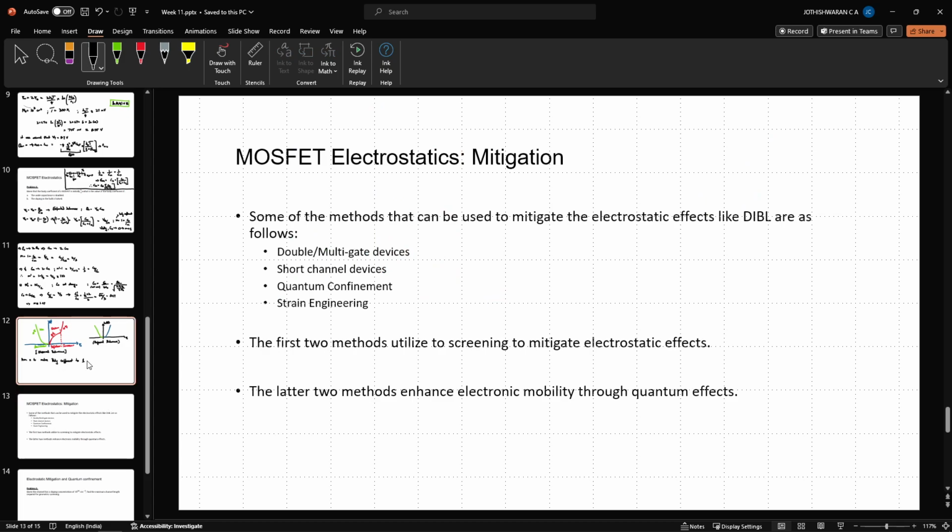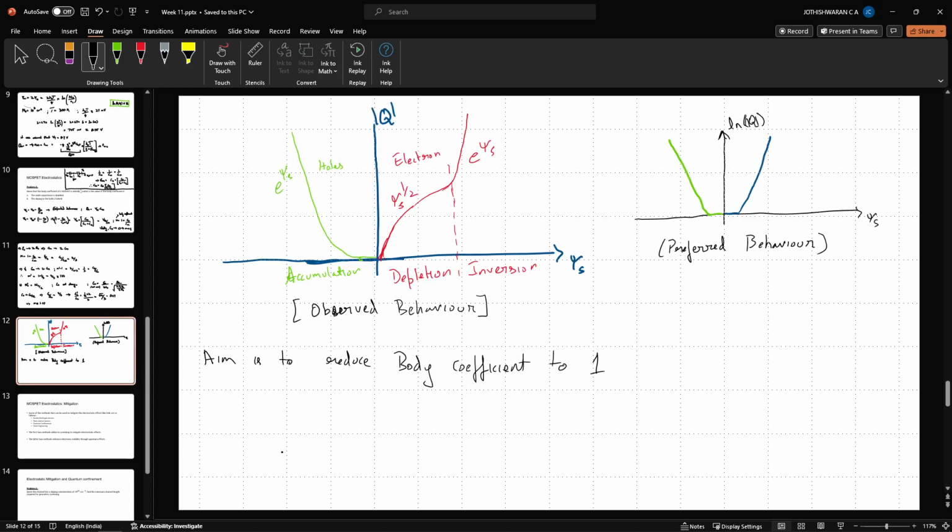One way to do that, like the two ways we have already seen: A, use high dielectric oxides or insulators, and the second is to use lightly doped semiconductors.